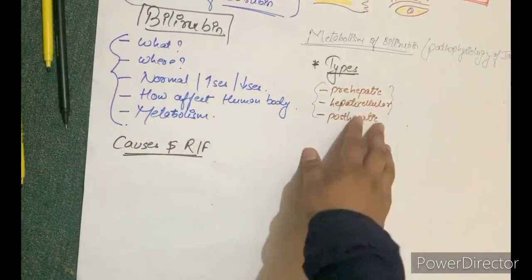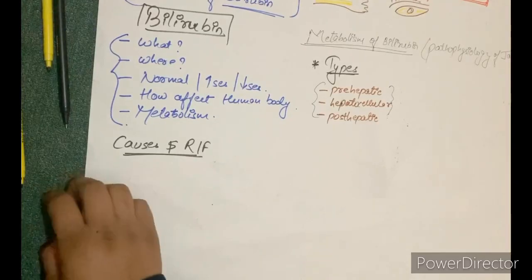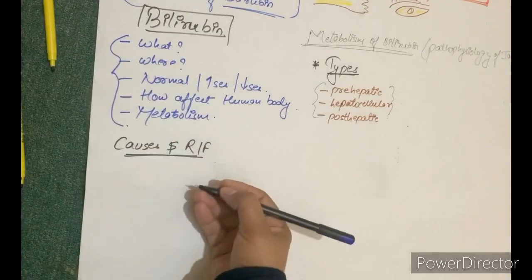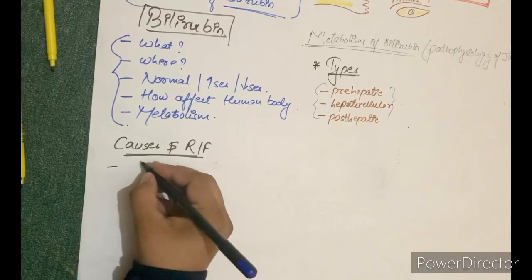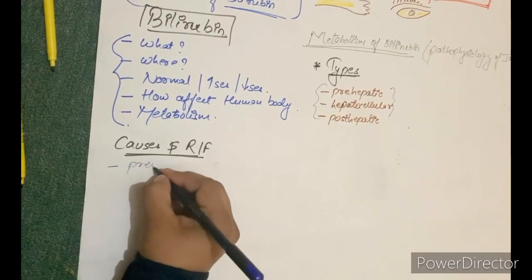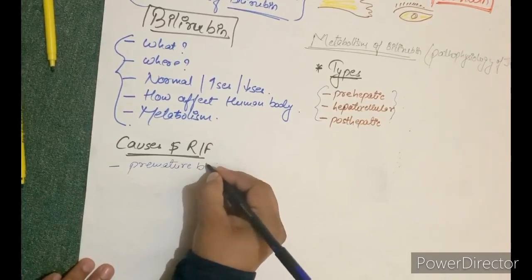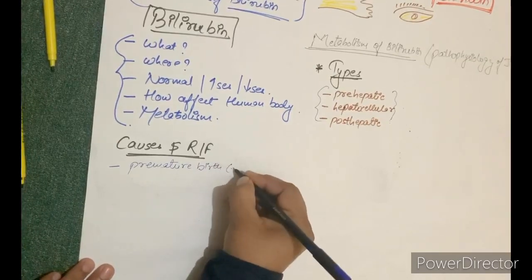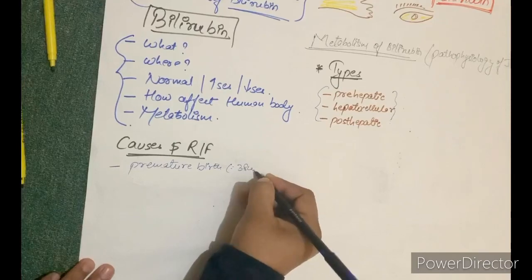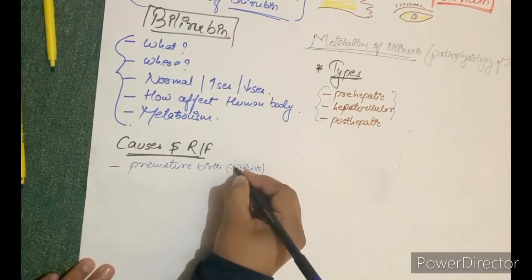So now we discuss the causes and risk factors. Through these types, we have already discussed the causes of this. The causes are, first, in babies, premature birth. Now you ask how premature birth may lead to jaundice.